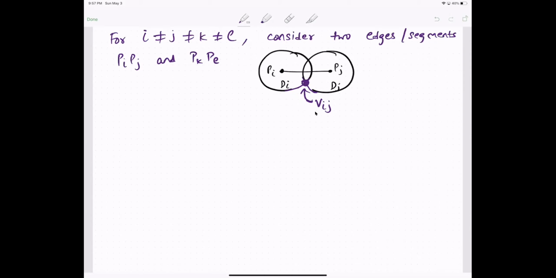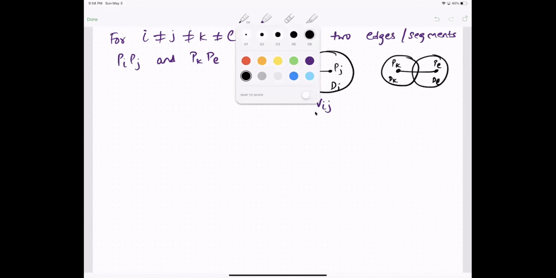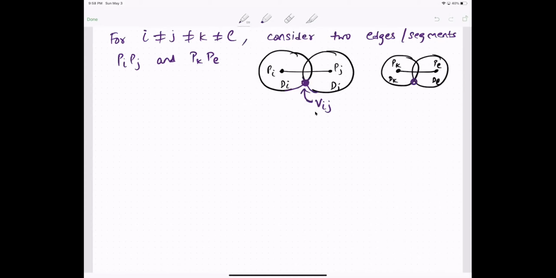And similarly we have one more pair like that, Pk and Pl. So the fact that we drew these segments implies one of the intersection points of these boundaries has to lie on the boundary.